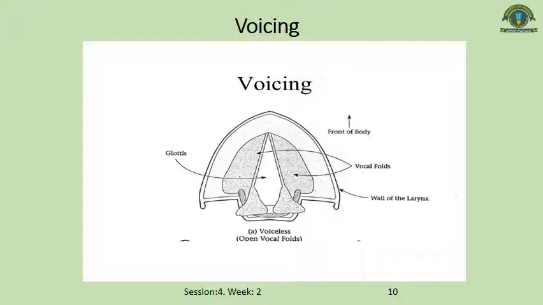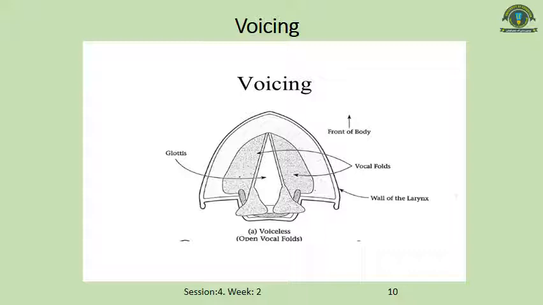For example, if I say m, n, ng, do you think they are voiceless? No, they are not voiceless. Why? Because while producing m, n, and ng, there is vibration. And if there is a vibration, that is called a voiced consonant, a voiced sound. But if there is no vibration, we are not supposed to call it a voiced sound, but we have to call it a voiceless sound.